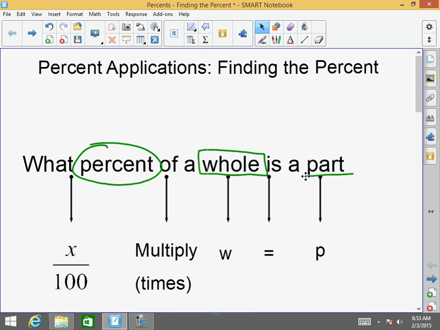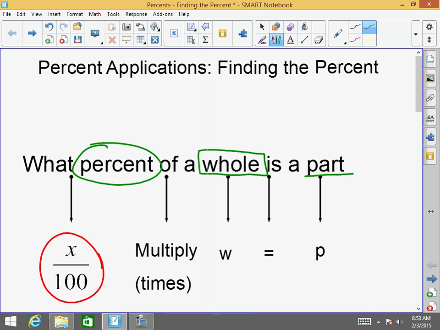When you read "what percent," we're talking about x over 100, because a percent is a value out of 100. If I tell you 20% of 30 is what number, I can turn 20% into 20 over 100, or you could turn it into 0.2.